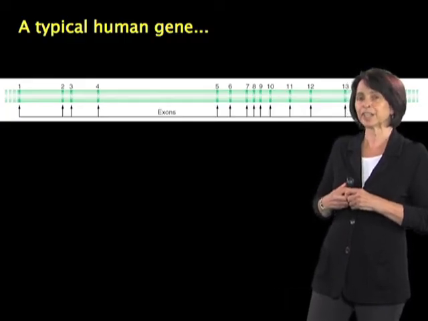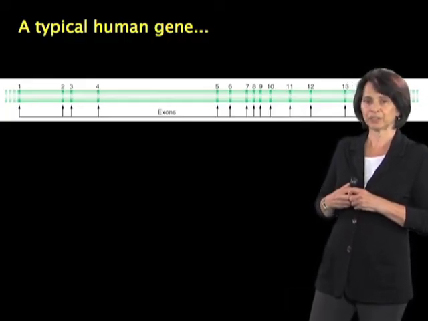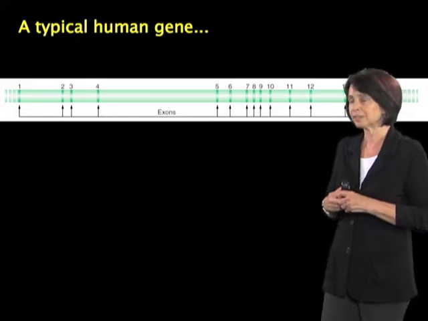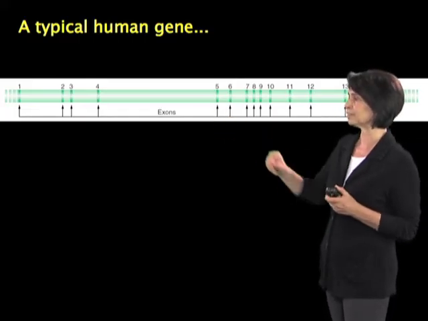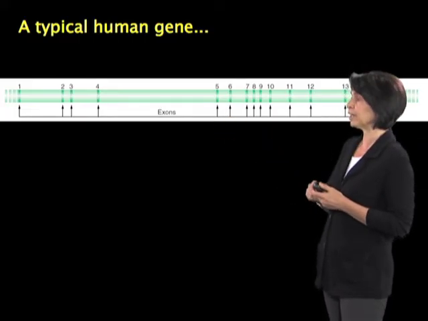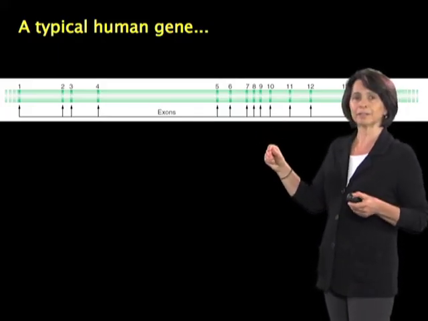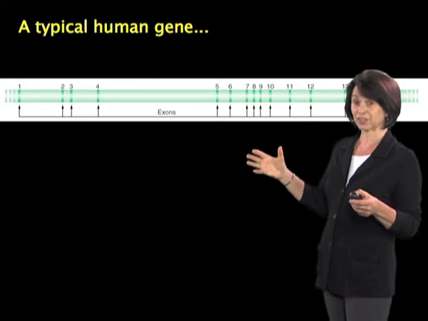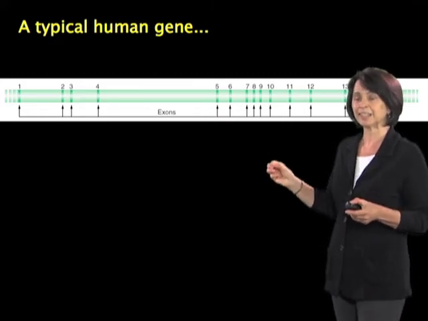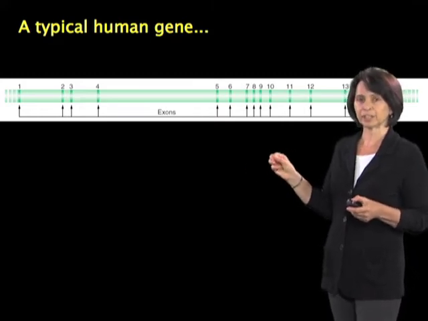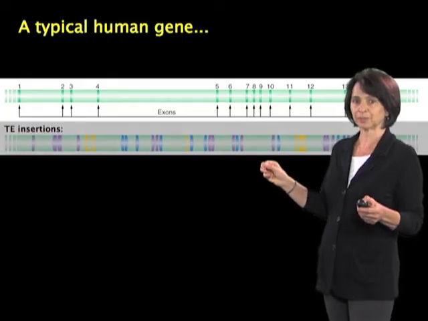To give you an idea of just how many transposable elements there are and where they are, I'm showing you an example of a typical human gene. What you see are the green boxes, which are the exons, the coding regions, and the blue areas, which are the introns. Let's look and see where there are transposable elements in this gene, because 70 to 80% of our genes contain transposable elements.